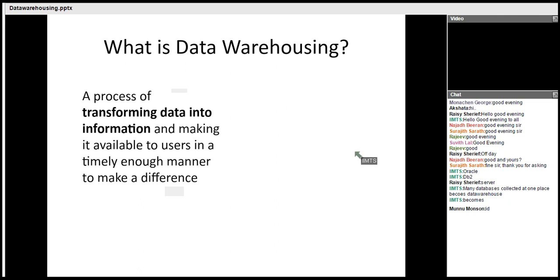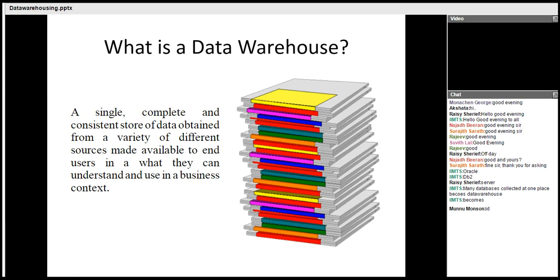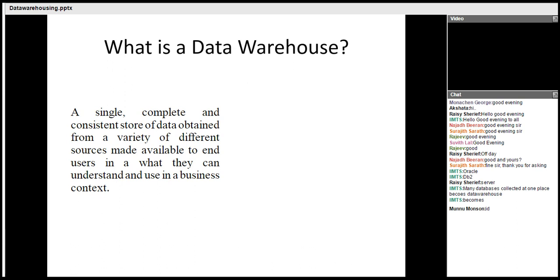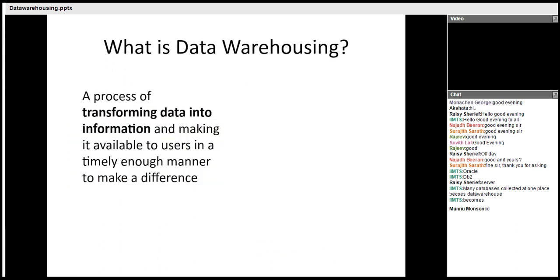So we have seen three things: database, data warehouse, and data warehousing.